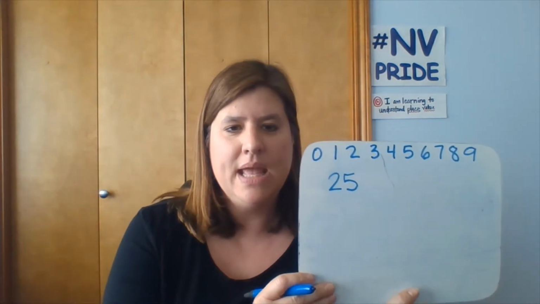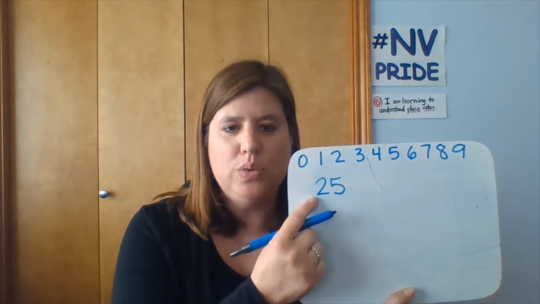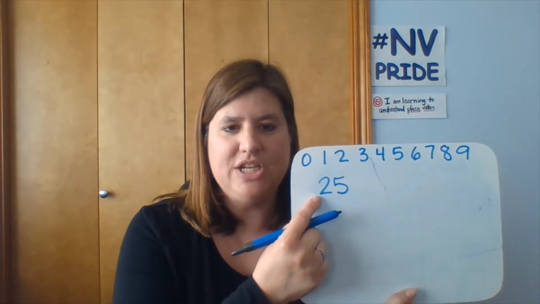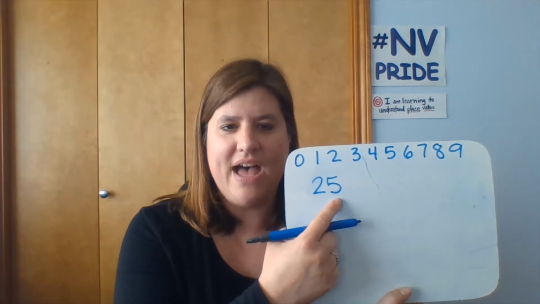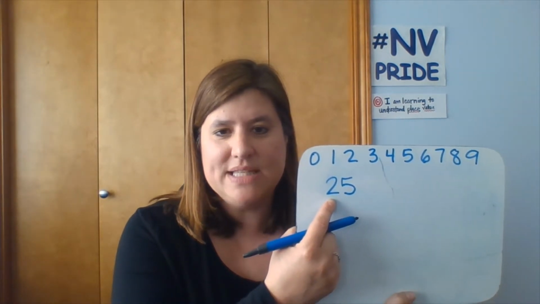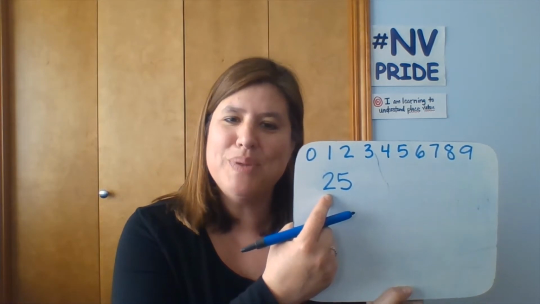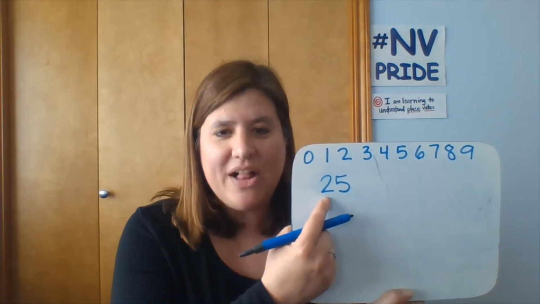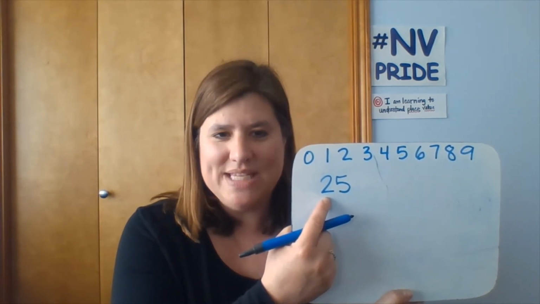If I have 25, I have a 2-digit number. I have a 2 and I have a 5. And that 2 is in a very specific spot that makes it hold the place or have the value of 20.